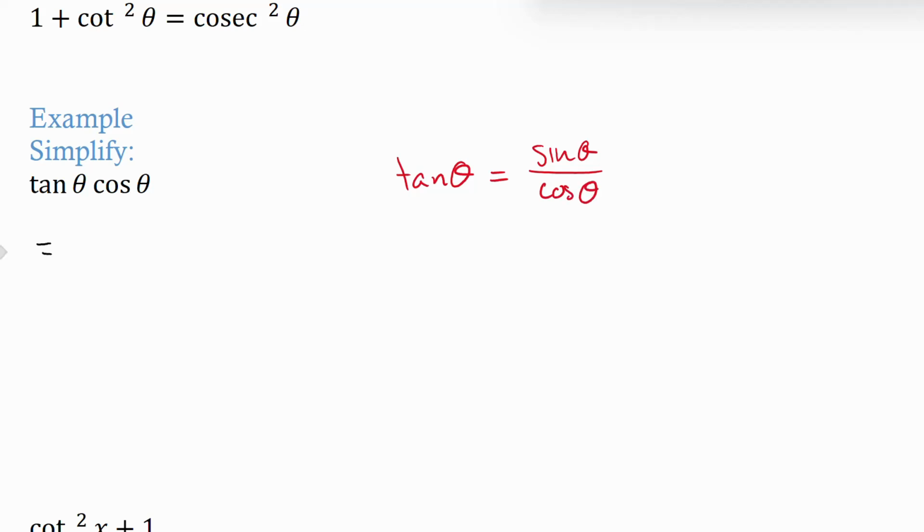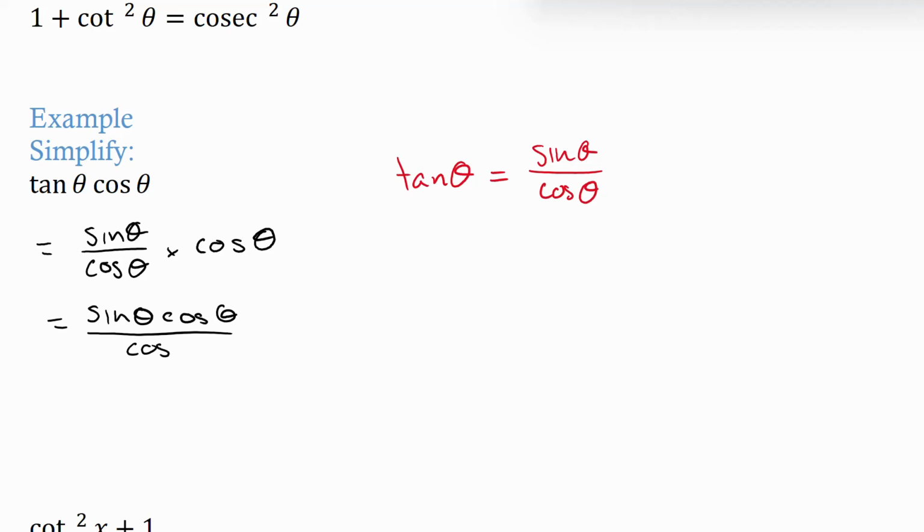I'm going to change that to sine theta over cos theta times cos theta. That ends up being sine theta cos theta over cos theta, and those coses cancel out. So I'm left with just sine theta. So tan theta cos theta is the same as just sine theta.